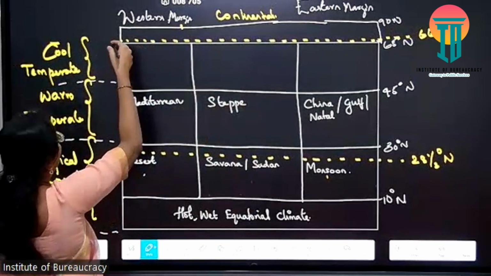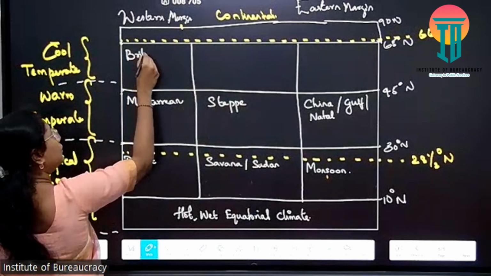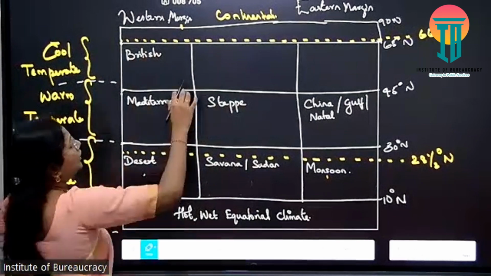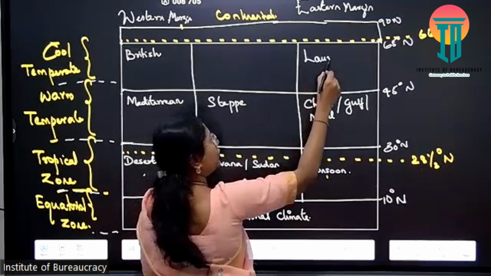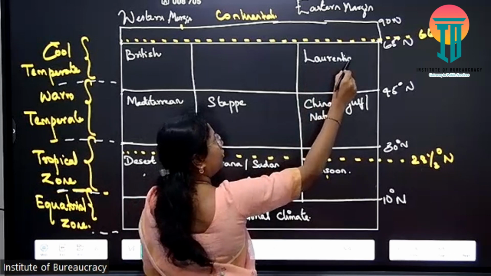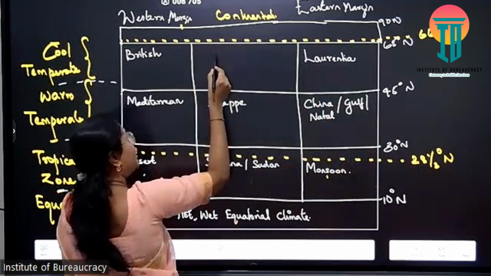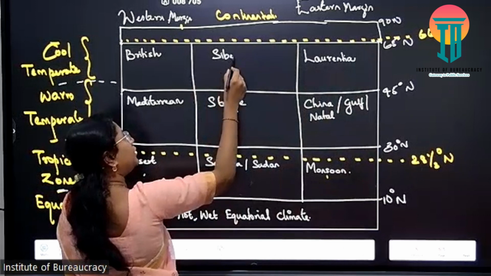Above Mediterranean, at higher altitudes, cool temperate, this is my British type of climate. The other one on the eastern side is my Laurentian type of climate, and in the center, continental, this is my Siberian climate.